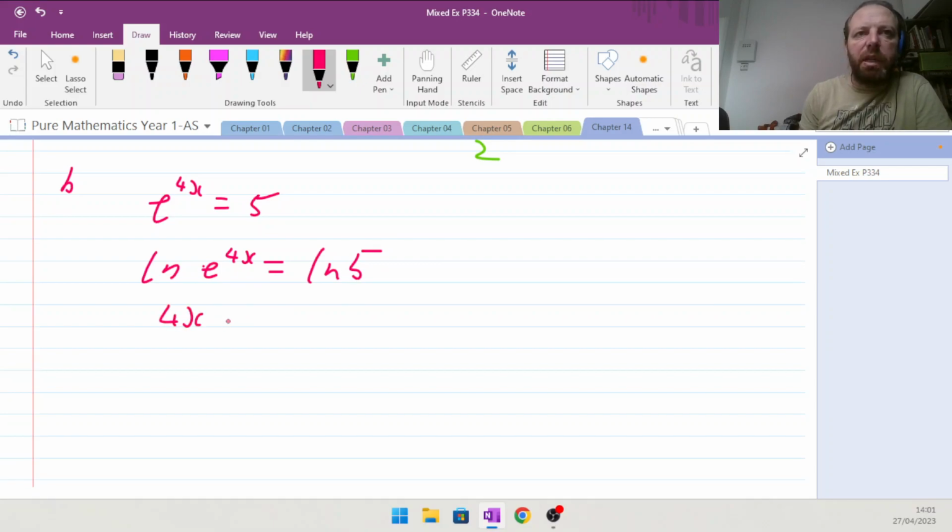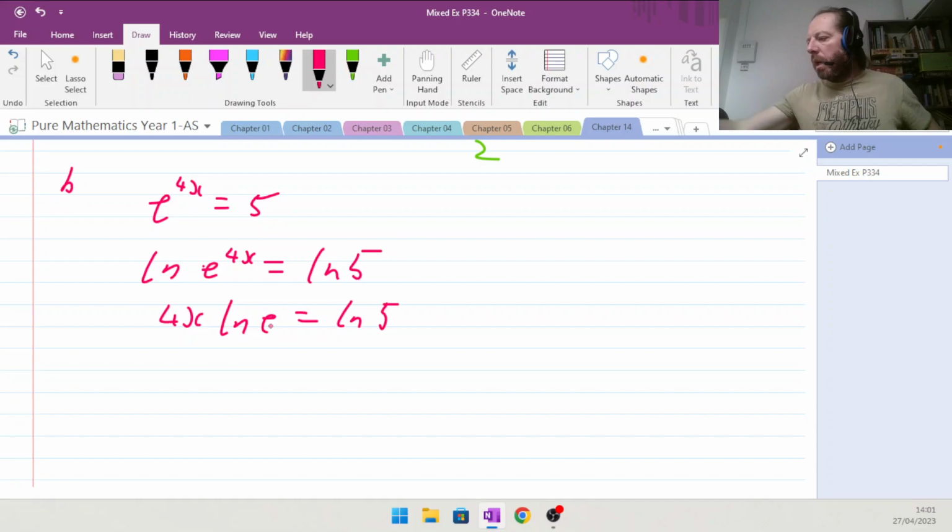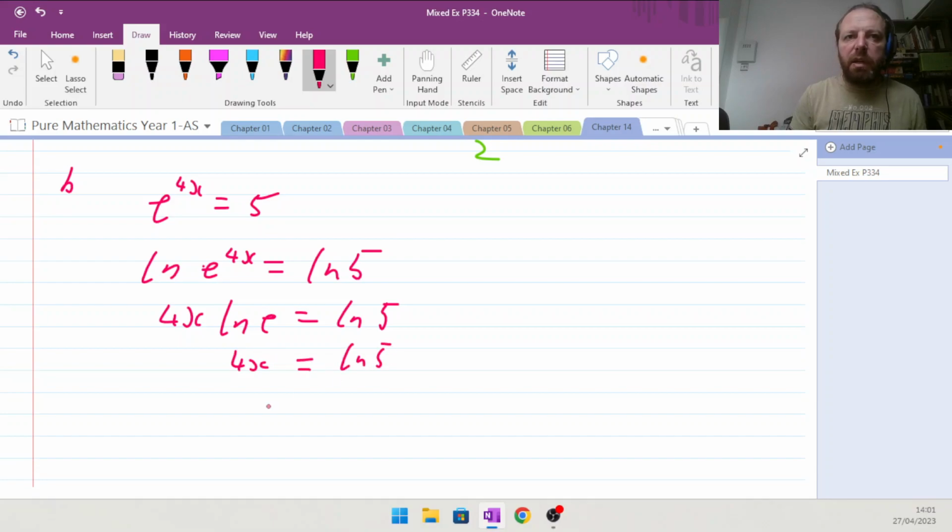I can say 4x ln e is equal to ln 5. Just double check it, but I'm fairly certain ln e is just 1, so we've now got 4x equals ln 5, meaning x is equal to the ln of 5 over 4.